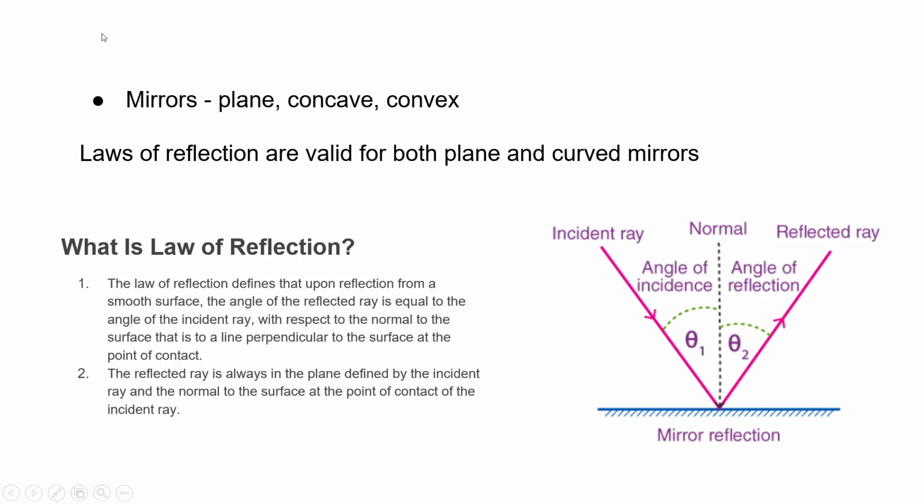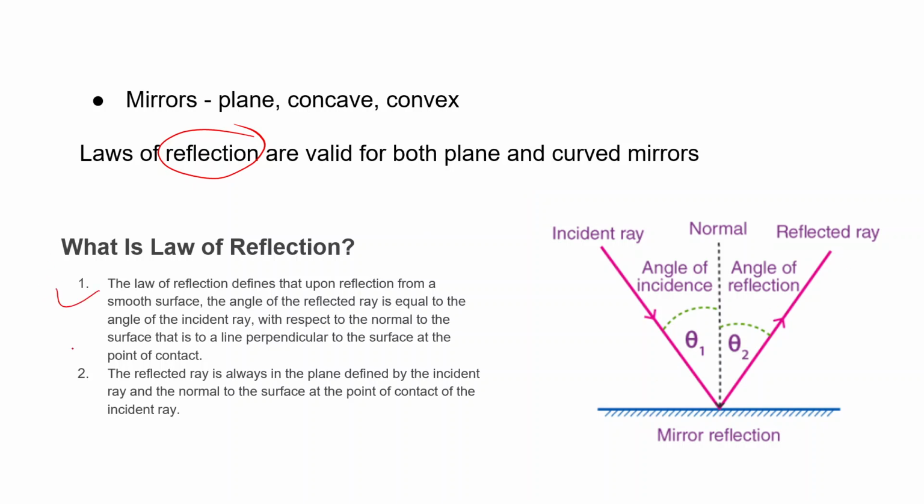Then, after discussing those important things that we have to keep in mind while performing experiments, we moved on to the components that we find in an optics lab, which are plane mirrors, concave mirrors, and convex mirrors. Then we understood what we mean by reflection, which we encounter in day-to-day life everywhere, light reflecting from somewhere, and what laws it follows.